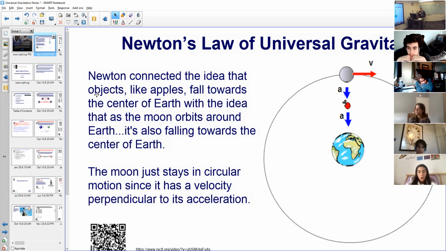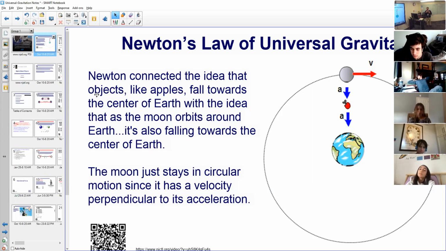Now, if the moon somehow suddenly gained velocity, it wouldn't stay in its current orbit. It would end up at a different distance from the Earth. If it lost velocity, it wouldn't keep its same orbit either. So if we think about satellites like the International Space Station, those have a very specific velocity that keeps them at their very specific location.